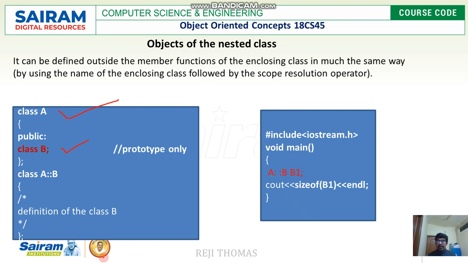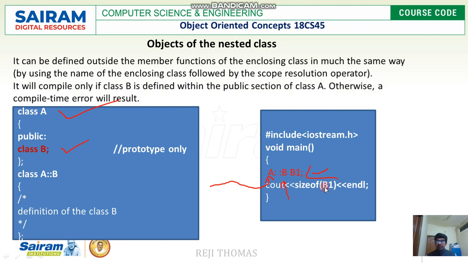It can be defined outside the member function of the enclosing class, in the same way we create an object of a normal class. But we should remember that you have to give the enclosing class name, then the nested class, then the object name. So this is the other way we can create an object of nested class.